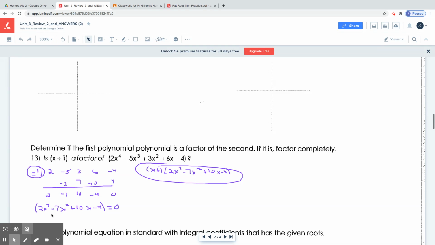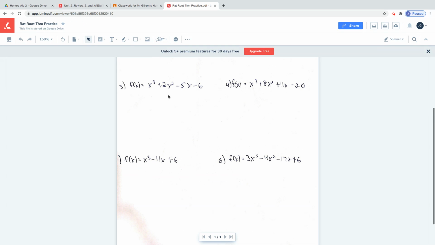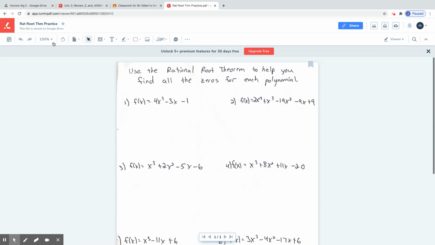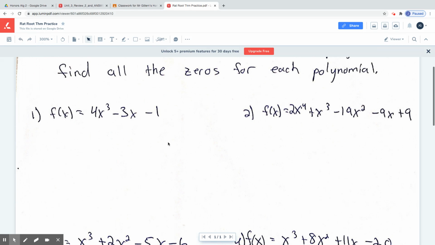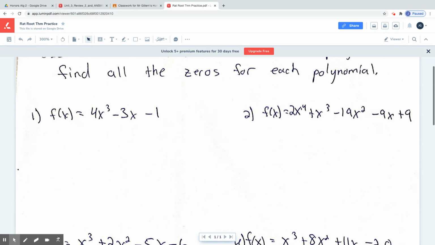So that's the first worksheet. This was the second one. Now, for all of these, you should first list all the possible rational zeros. So you're looking at the constant, which in this case is 1.